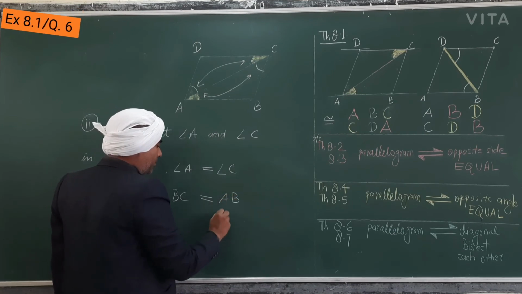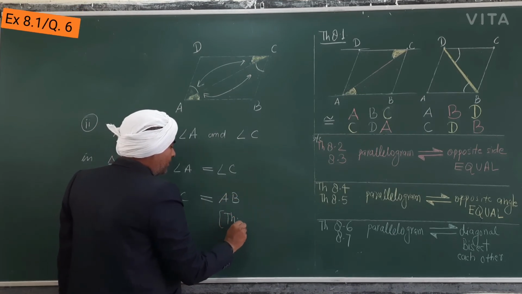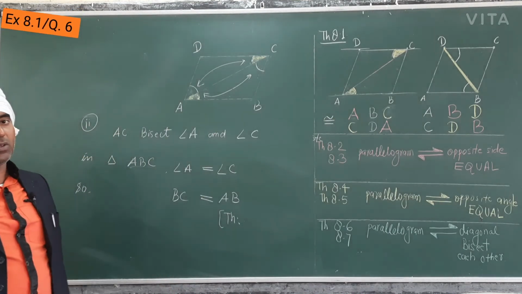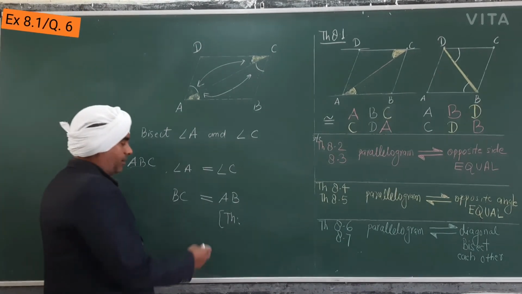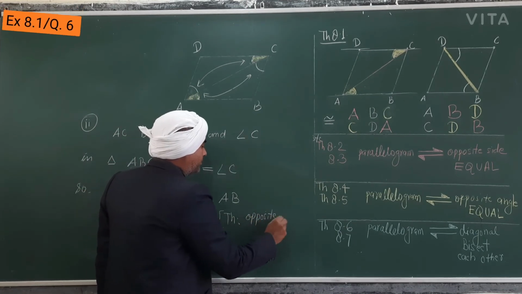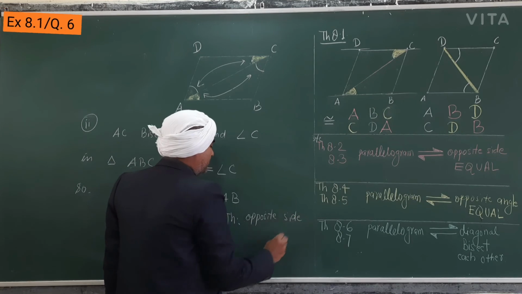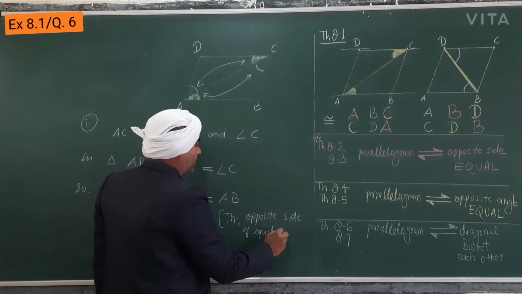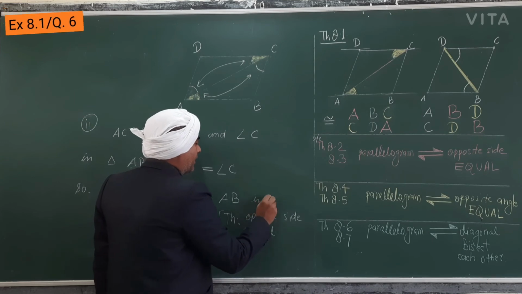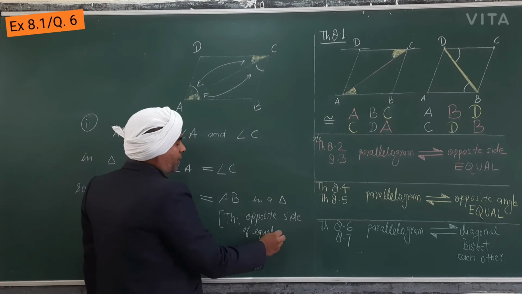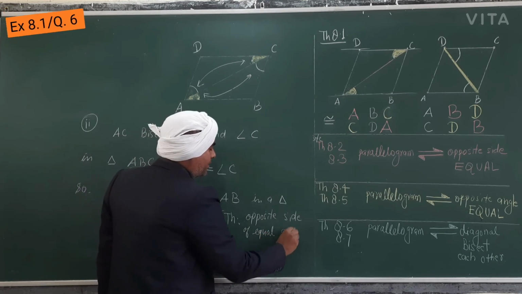The theorem is: opposite sides of equal angles in a triangle become equal.